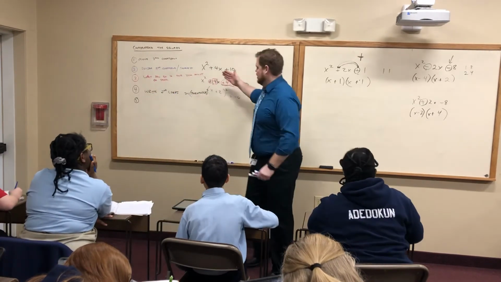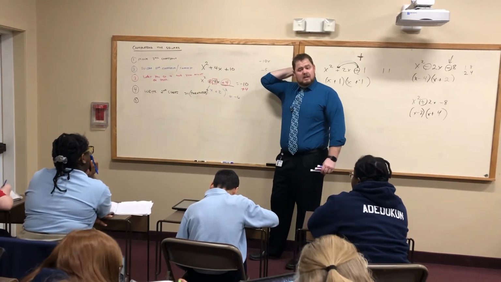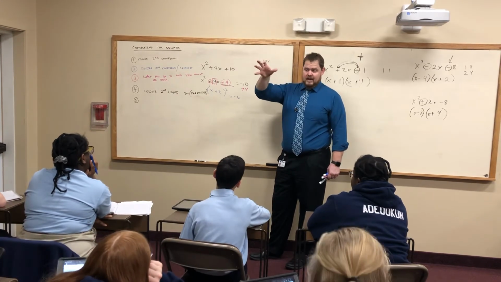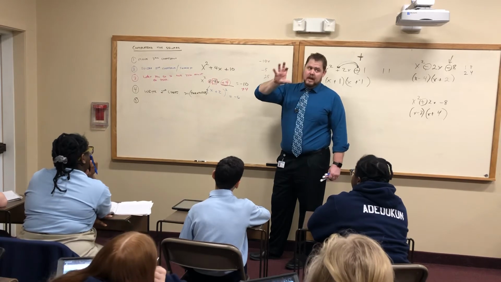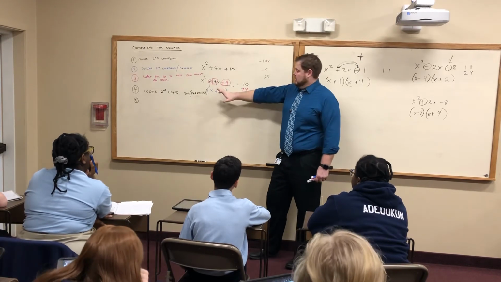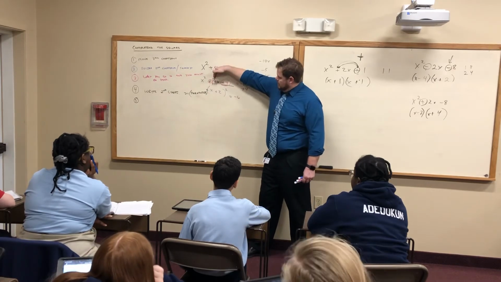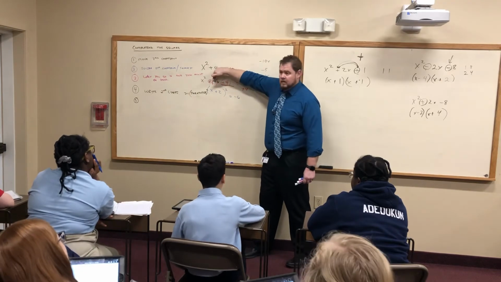So when you do it, watch. Everybody look up. Let me show you why. I try to teach this because it's the easiest way to do it, because you can do it this way every time. Just let me finish, and then you can ask questions. So in order to get this number to add to this side, what do you do?